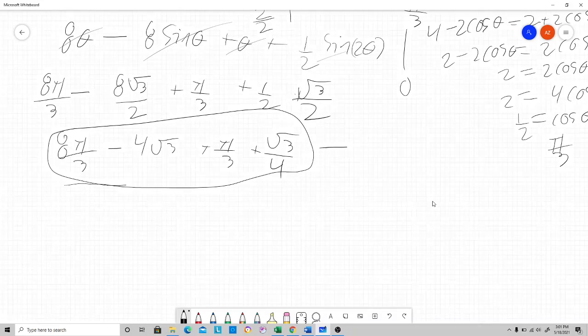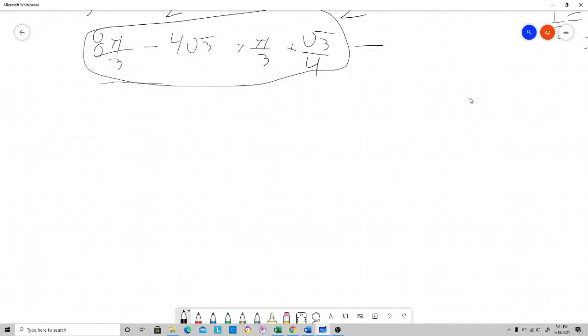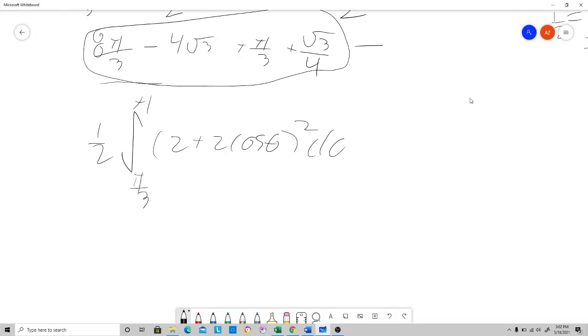And now if we do it for the other one, so we have 1/2 from pi over 3 to pi, and that was 2 plus 2 cosine theta squared d theta.